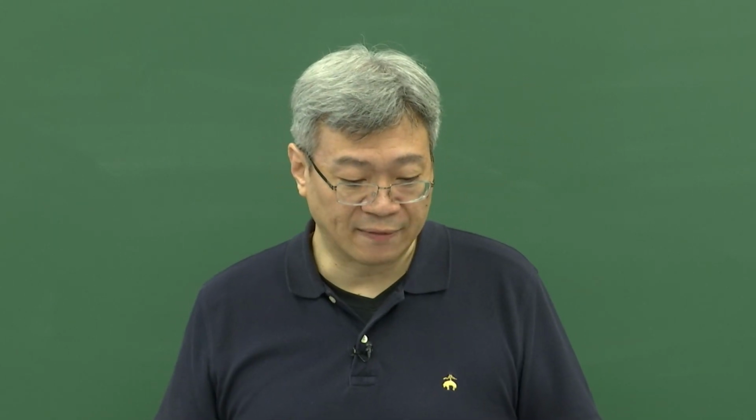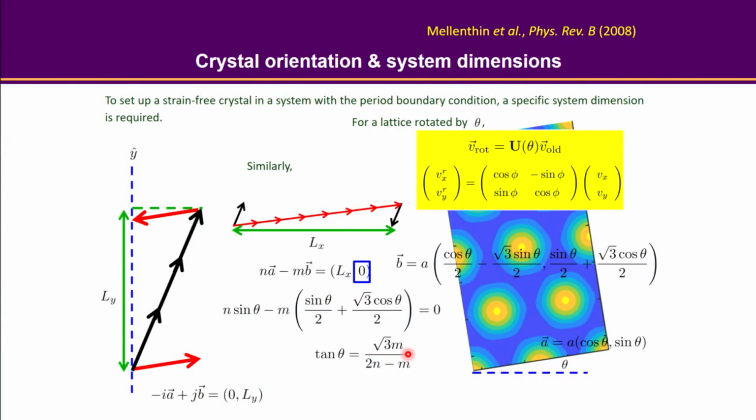Now you can pick 2 integers and see what the tangent theta is. But the problem is that once you pick those numbers, you are going to see a repeated structure in the x direction, because we are starting here. But there is no guarantee that in the y direction it's going to be periodic. So I can do the same thing by looking at the other 0 here. I'm going to leave you with the result.